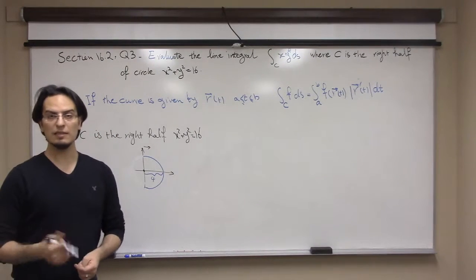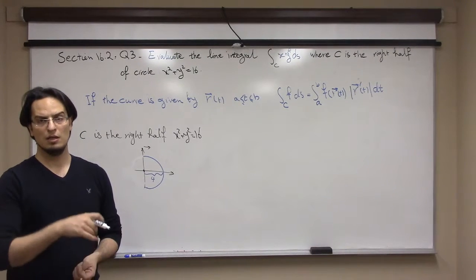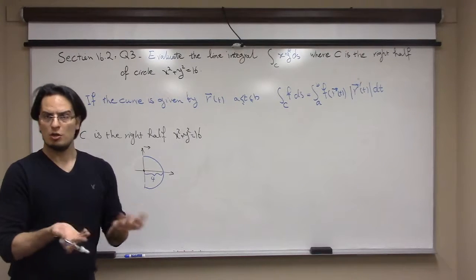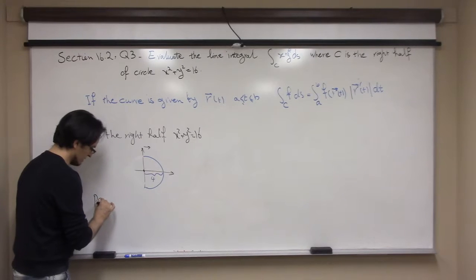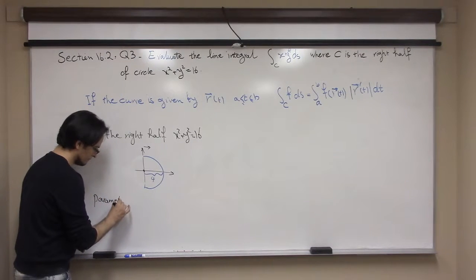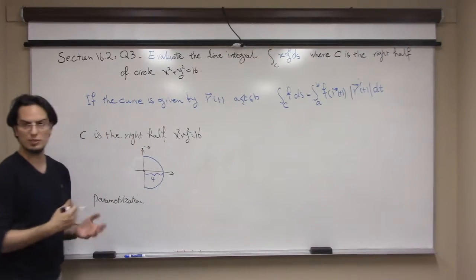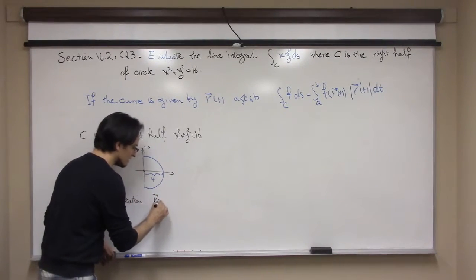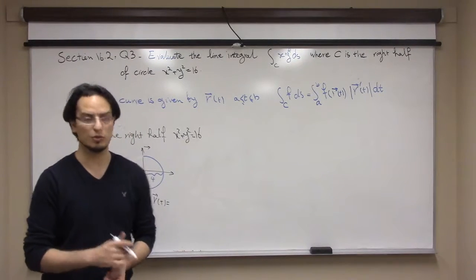So if you're doing a line integral for a function, you don't need to have the direction. Basically, you just find a parameterization for this. It doesn't matter which order, which direction. And we all know that the right parameterization would come from polar coordinates.